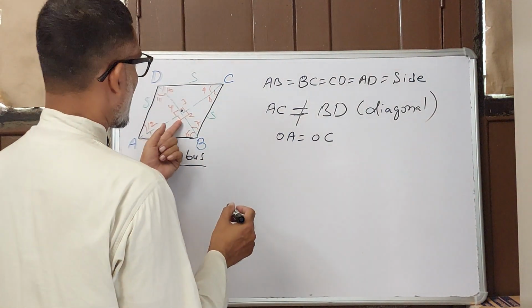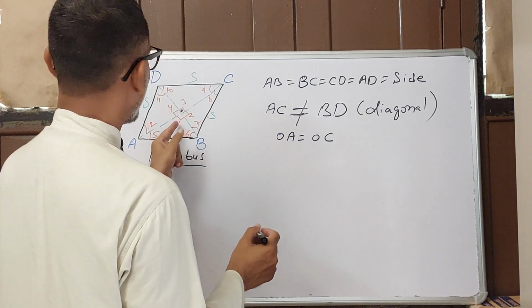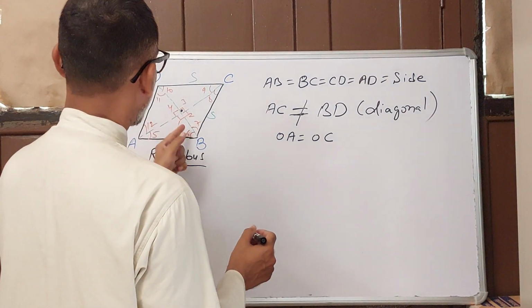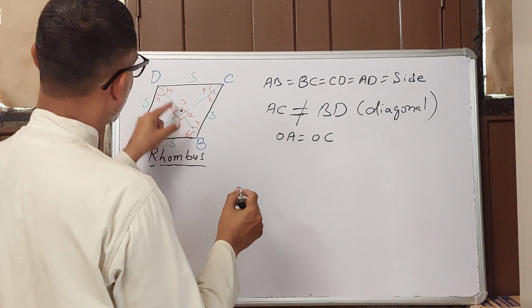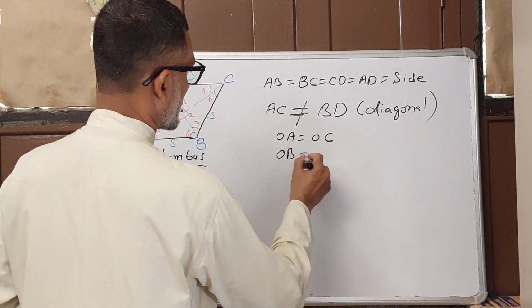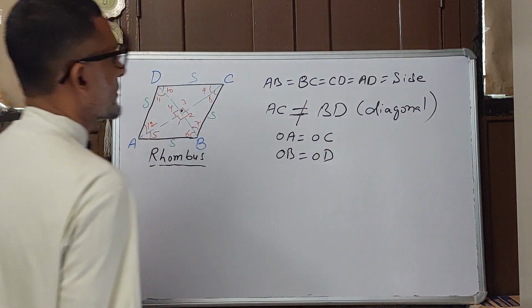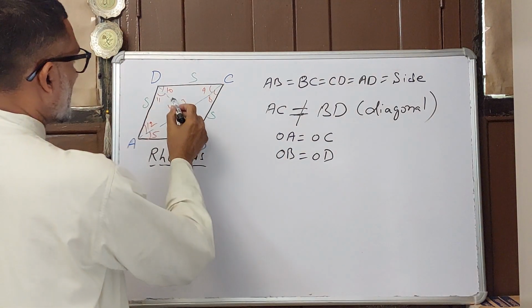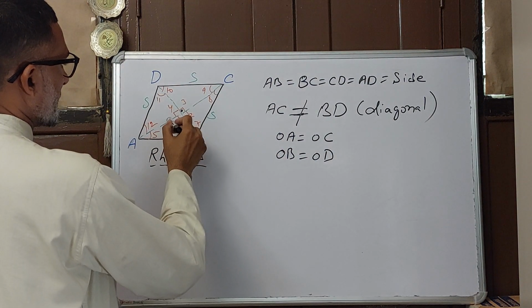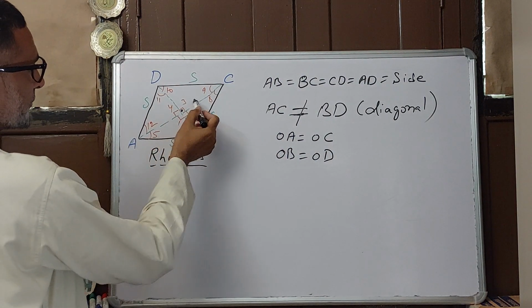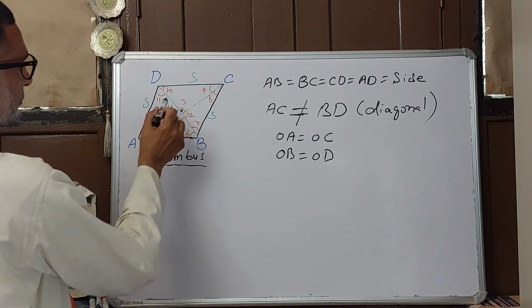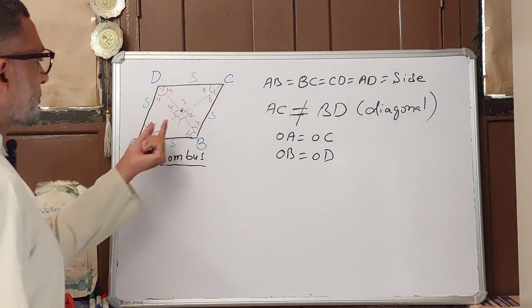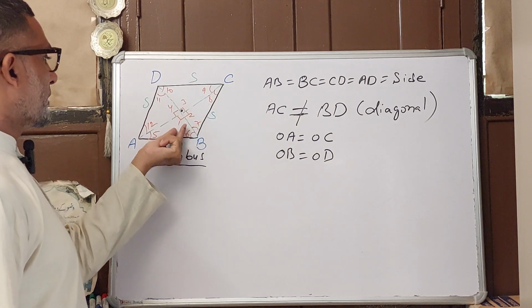Here AC is not equal to BD, so OA is not equal to OD and OB, but OB is equal to OD. As you can see clearly, this is the longer one and this is the shorter one. So this part is the same as this part.